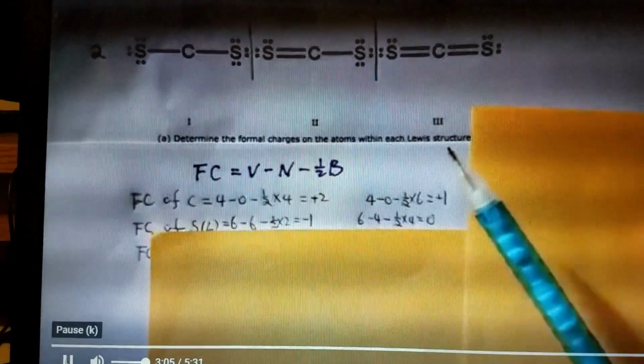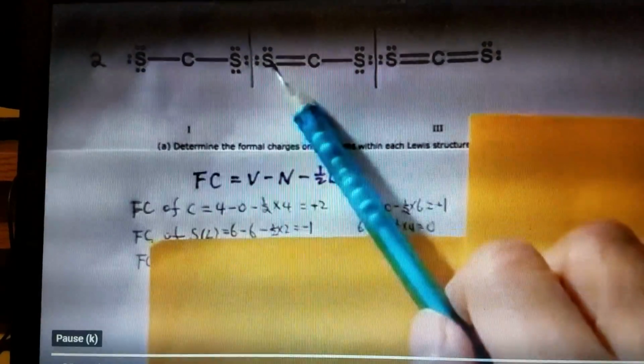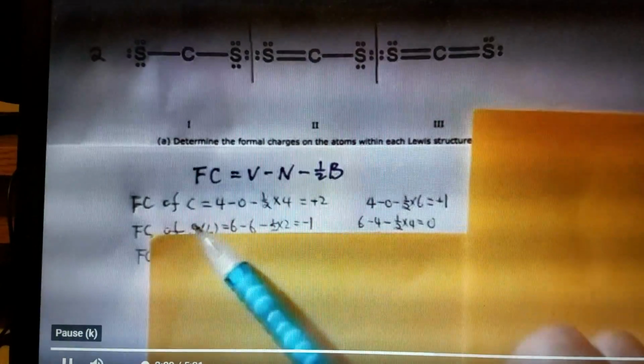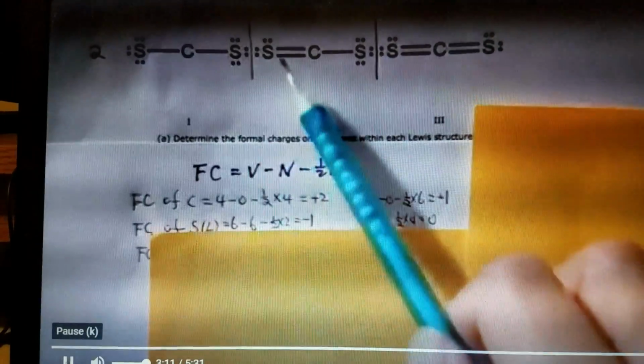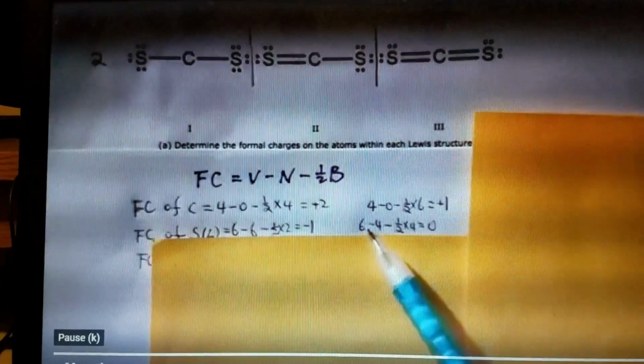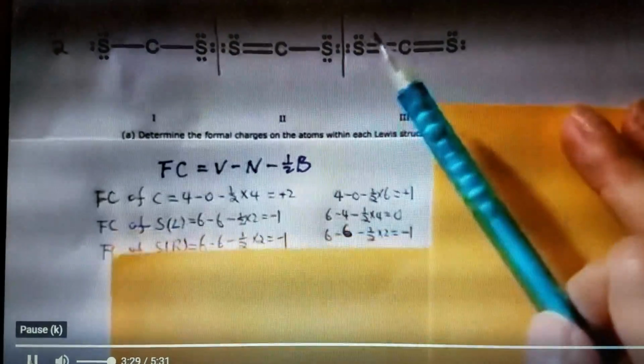Then for the sulfur on the left-hand side, valence electron 6 minus non-bonding electron 4 subtracted by 4 bonding electrons times 1/2, that's 0.